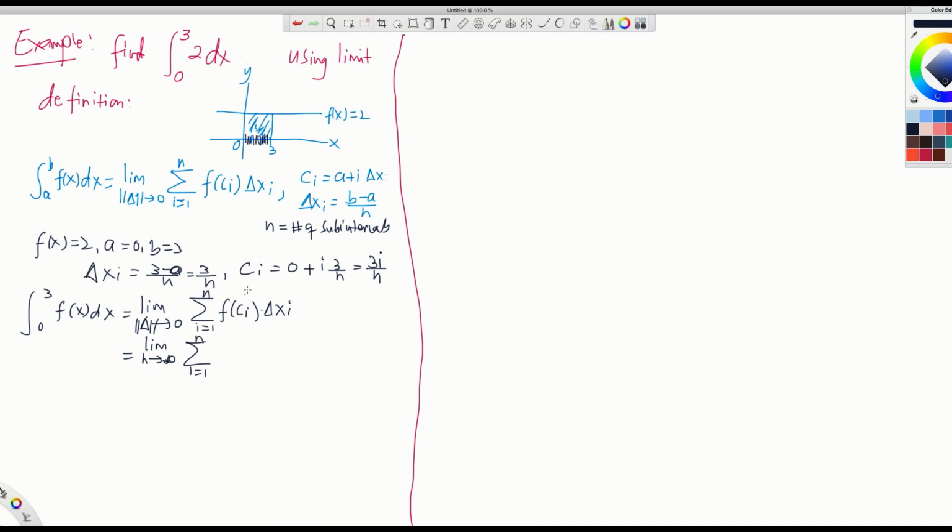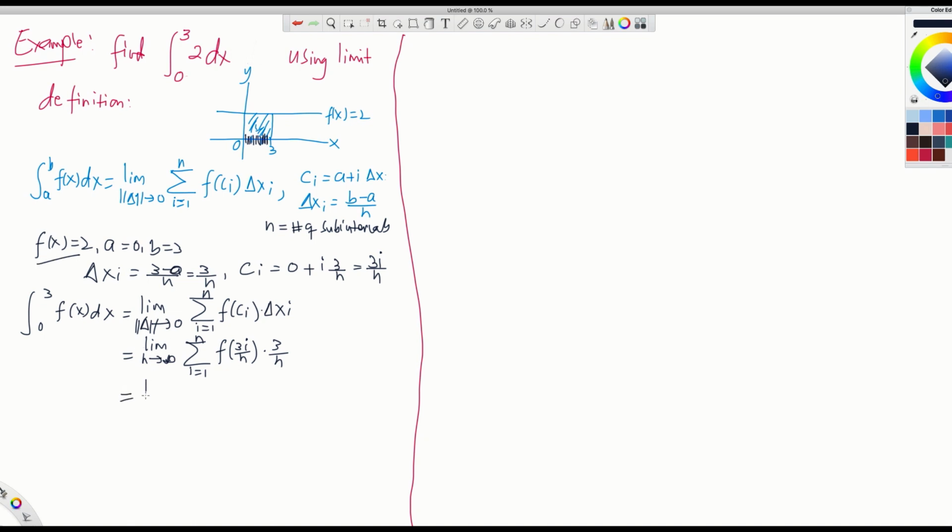What is f(ci)? ci is 3i over n, so I am going to write f(3i over n) times delta xi. Delta xi is 3 over n. Now, what is f(x)? f(x) is 2. Whatever value of x you take, it is always 2. That's what f(x) equals 2 means.